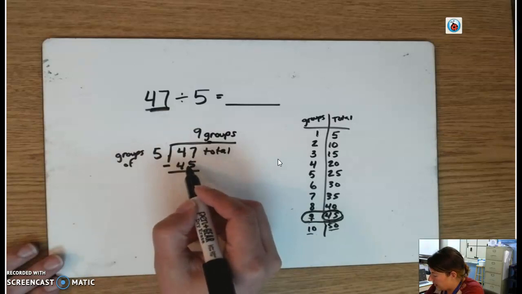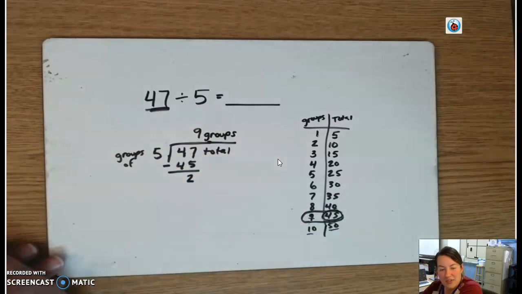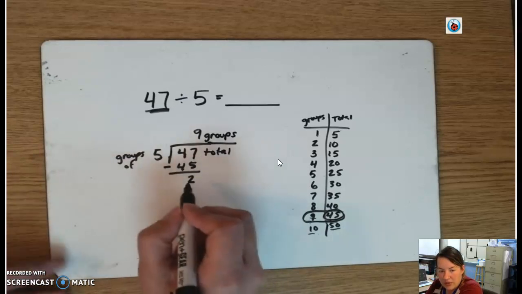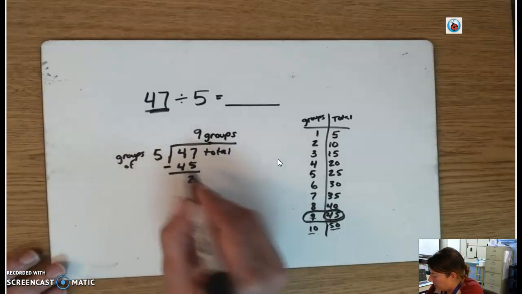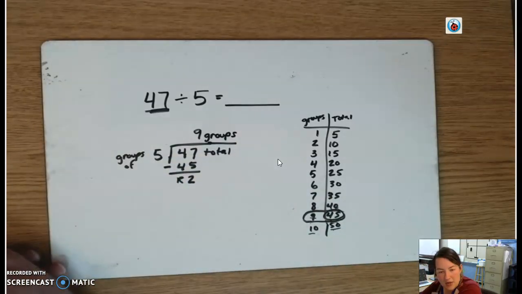So 47 minus 45 is 2. So I would have 2 little pieces left over, and I can't make another group of 5 with just 2 pieces. So if I can't make another group, then this is going to be our remainder. Those are the pieces that are left over.